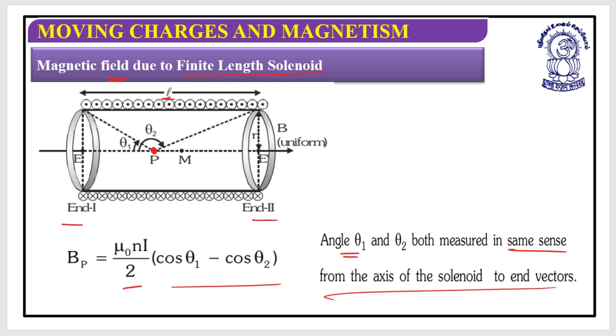What you need to do is, from the point P, make two lines to the endpoints of the solenoid, the first line and the second line, and measure the value of both angles. This is the same thing that we used to have with the Biot-Savart law. I hope this is clear.